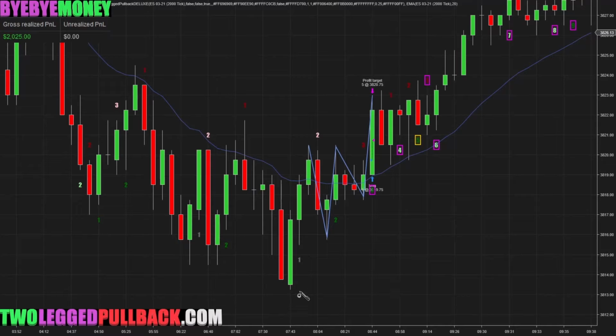And so you have the first pullback, first entry, you have the second pullback right here. I have to go a little higher so you can see the difference here. And then you have a failed second entry short that only goes down one single tick. And then the market reverses.